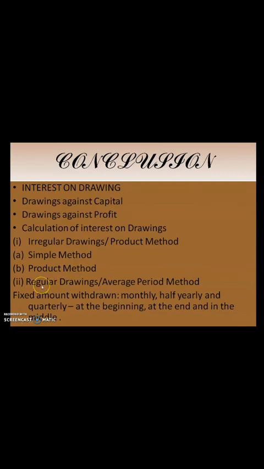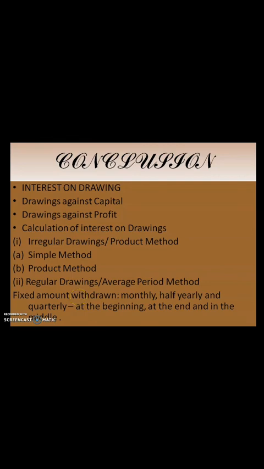Then we saw that in regular drawing, which is also known as average period method, there are 6 cases of withdrawal of drawing. Fixed amount withdrawn monthly, half yearly and quarterly, at the beginning, at the end and at the middle of the month. So this is how you have to solve the problem.